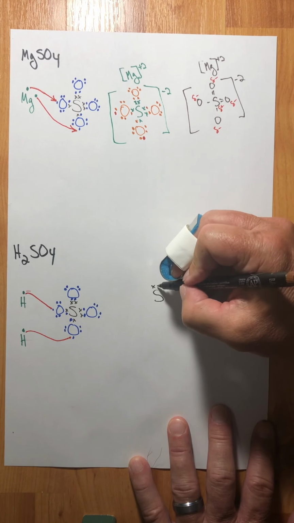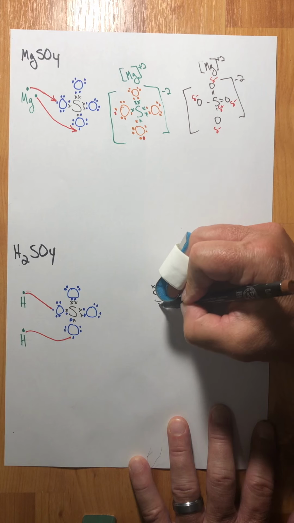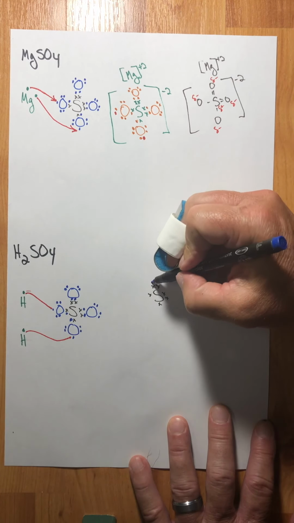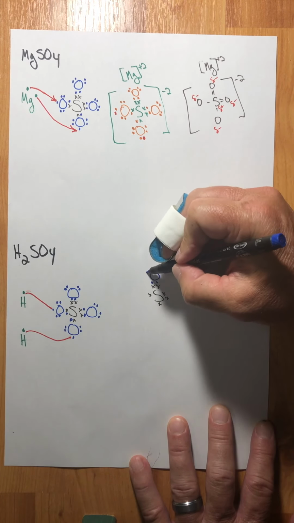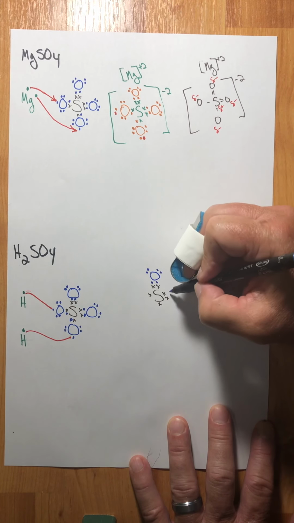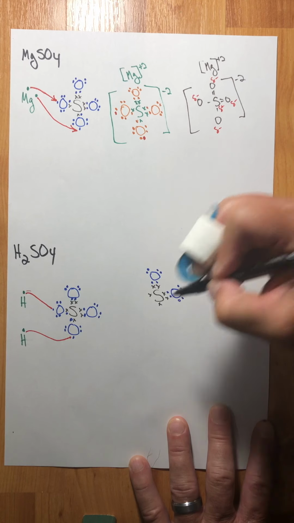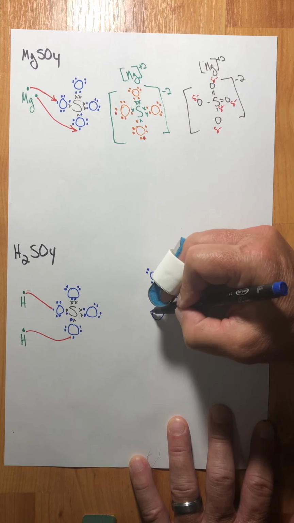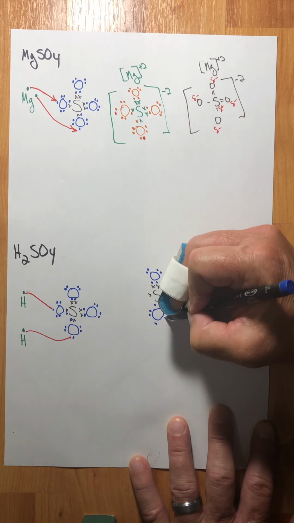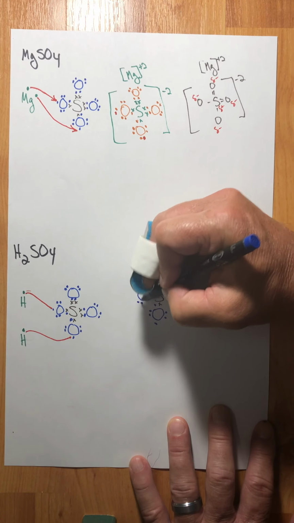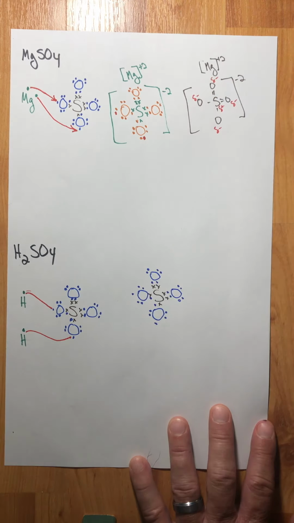sulfur, it has its original electrons there. Now, it's going to have oxygens around it. So I'm basically duplicating what I have. You'll see why I put the single electron down here on one like this and why it fits together a little easier.